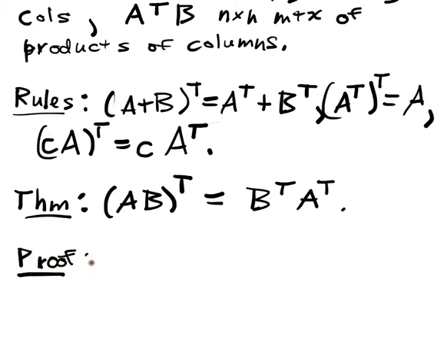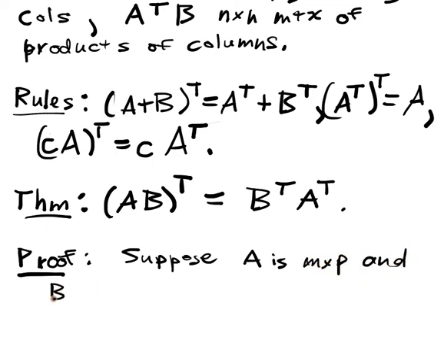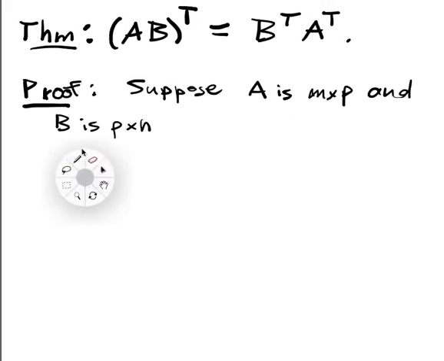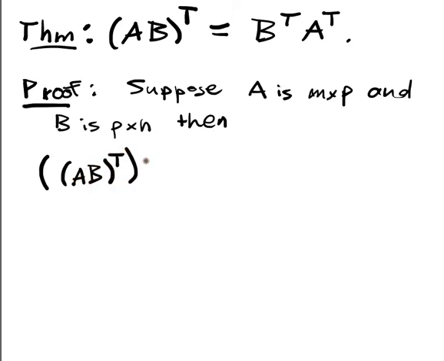So suppose A is m by p, and B is p by n, so this matrix multiplication is well defined in general. Then we want to look at the ijth entry of the transpose and see what that's equal to.